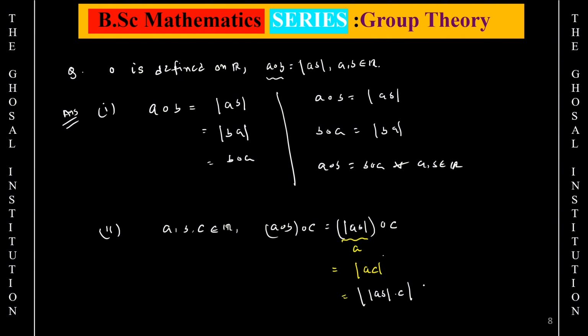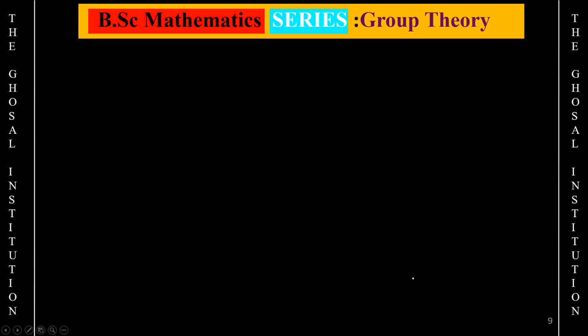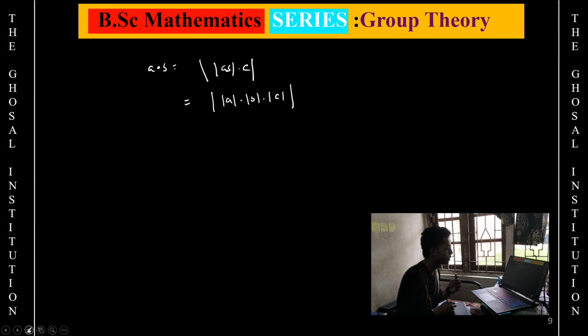Here we get A compose B as mod of AB into C. You can rewrite this as mod A into mod B into mod C and whole mod. You can write it like this.